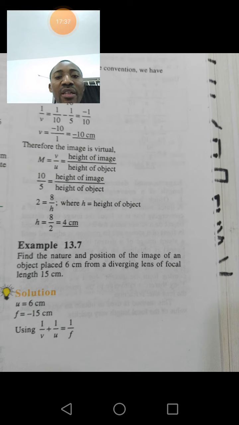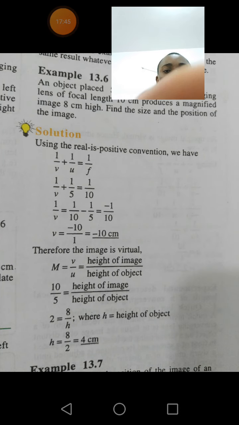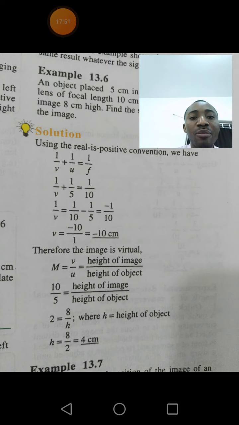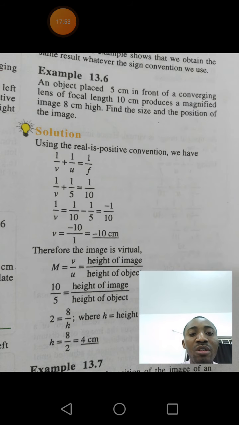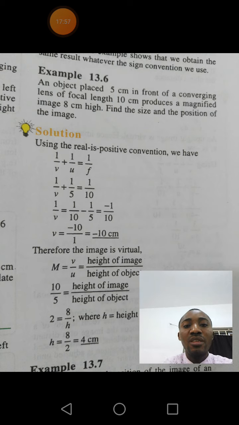So simplify and obtain your v from this. Just substitute for f and u, so you can obtain your image distance from there. And you observe that what you will get as your image distance will be a negative value, and that will tell you about the nature of the image, that the image is a virtual image.